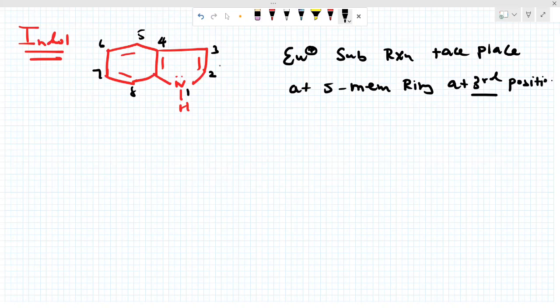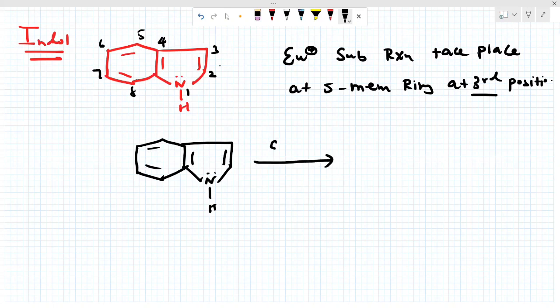Please understand. Now what is the answer? Benzene, pyrrole, this is indole, right? If I do the electrophilic substitution reaction, what is your product? This is a 6-member ring, and this is a 5-member ring.